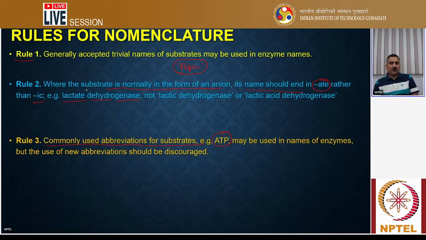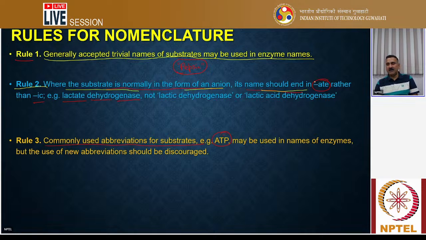Then we have also discussed the rules of classification and the rules of nomenclature. Rule 1: the generally accepted trivial name of a substrate may be used in the enzyme name, for example pepsin. Rule 2: where the substrate is normally in the form of an anion, the name should end in "ate" rather than "ic", for example lactate dehydrogenase rather than lactic dehydrogenase or lactic acid dehydrogenase.